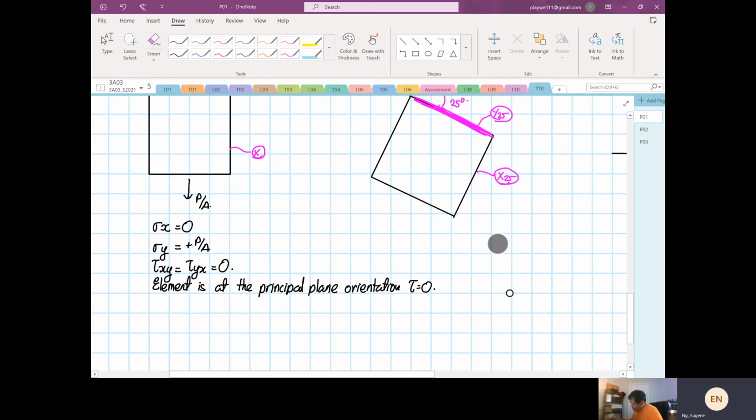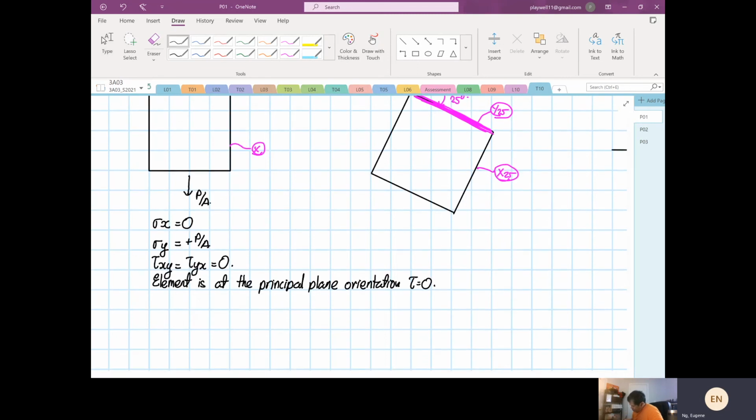So I'm going to write down here that the average stress for both 0 degrees and 25 degrees are the same.